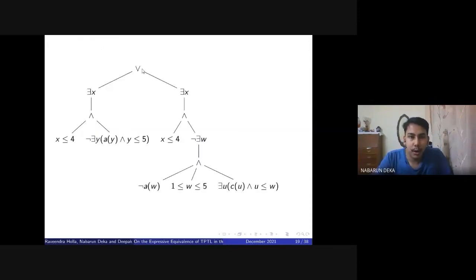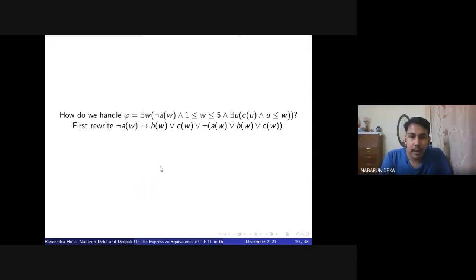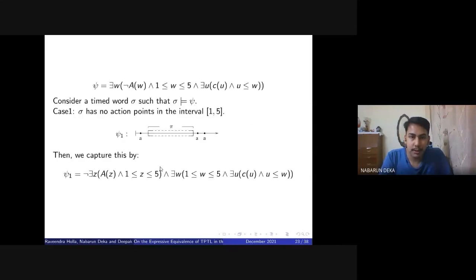Once we pull the or out, it looks like this. Now observe that this subtree is in exist normal form, and this subtree is almost in exist normal form except for the not a. In our paper, we show a way to eliminate this not a to get a disjunction of formulas which are in exist normal form. In the interest of time, I will not go through that process here.